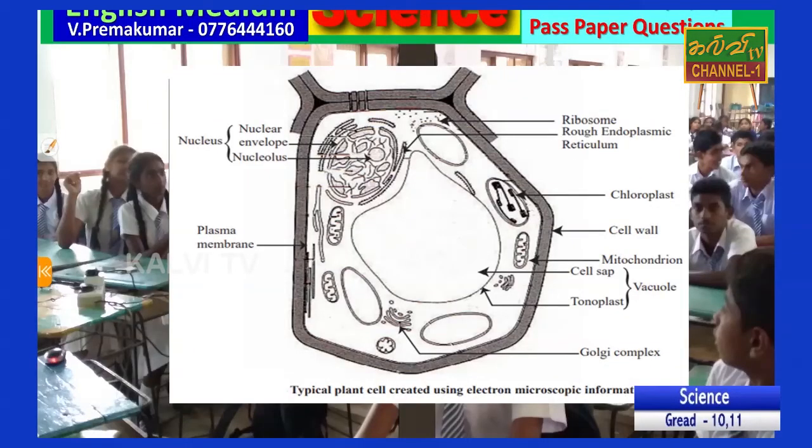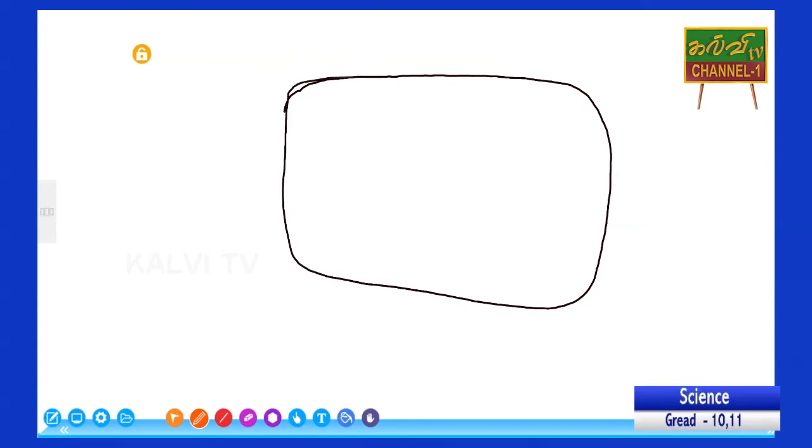The plant cell indicates the nucleus, that means the nuclear envelope and nucleolus.